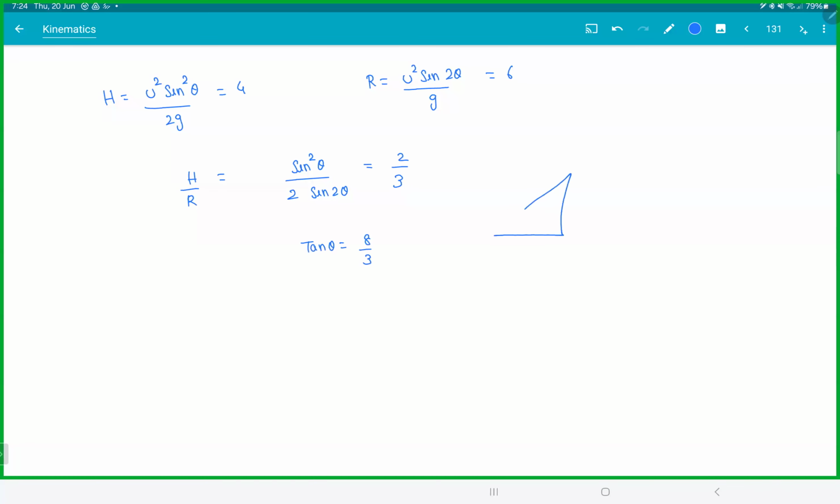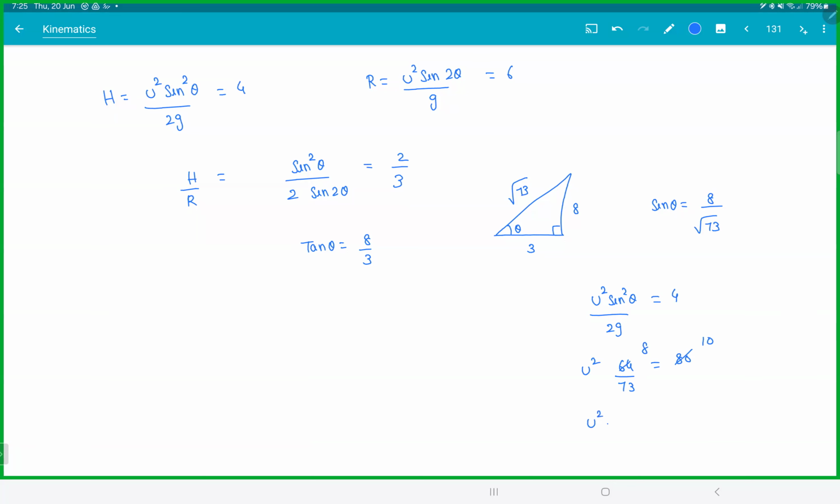And how to go from tan theta to this? Tan theta is opposite side by adjacent side, so this is root 73. So from here, I get sine theta equal to 8 by root 73. And we know u square sine square theta by 2g is equal to 4. So u square sine square theta would be 64 by 73, and this is 4 times 10 is 40. 8 tens are 80.